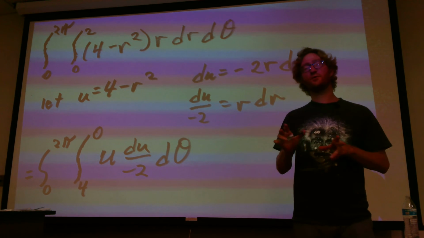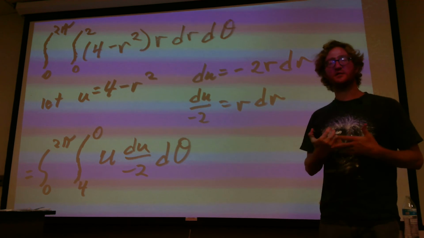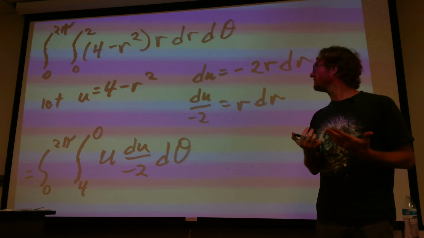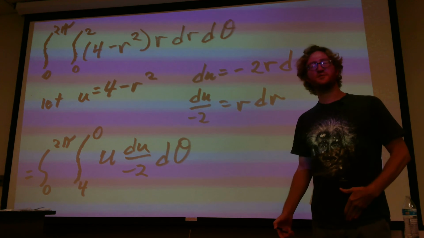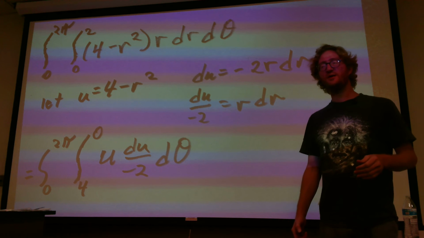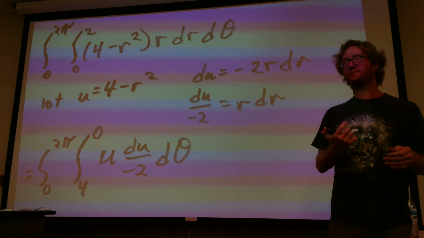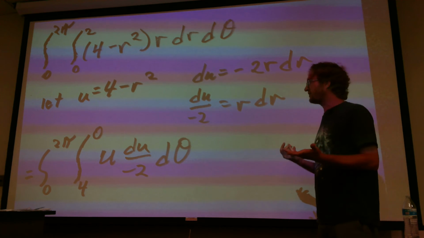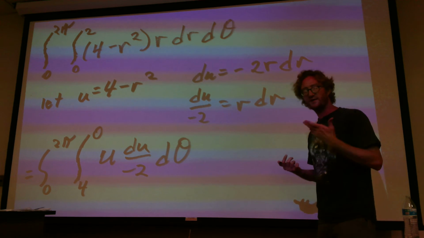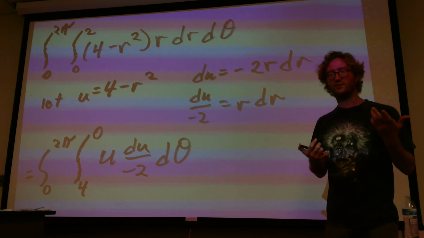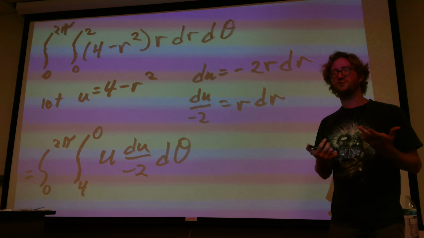Now ignore the integral with respect to theta. Just imagine that we're dealing with the integral with respect to u. So remember, not long ago, calculus 1: what can a negative sign involving an integral actually do to the boundaries?